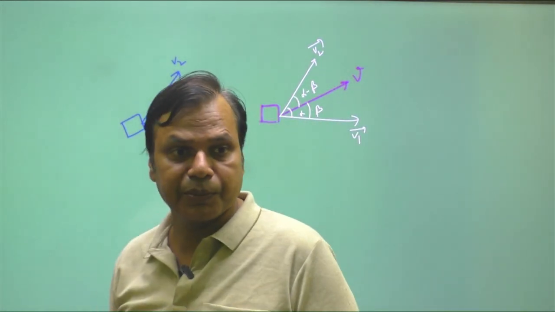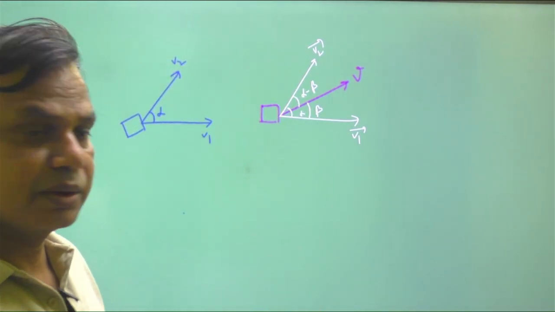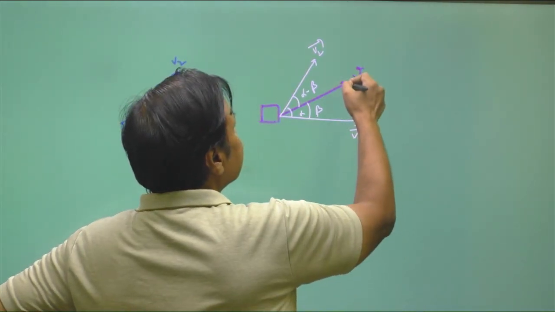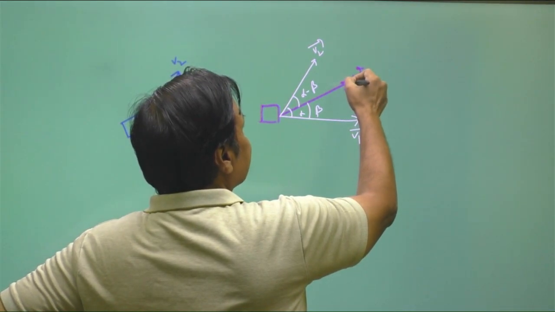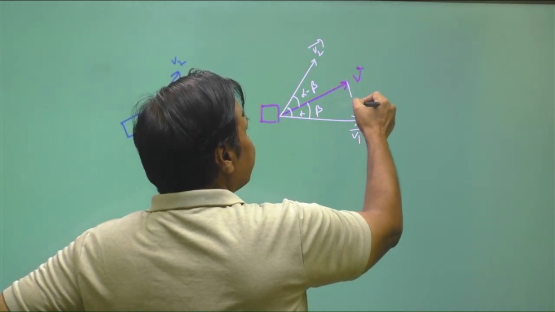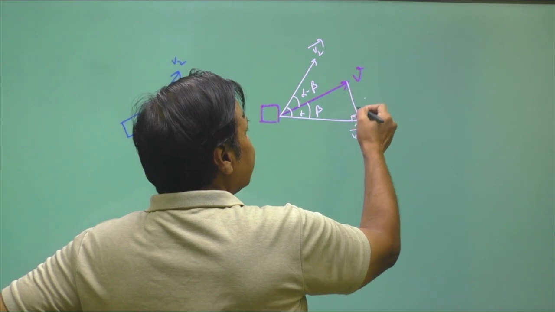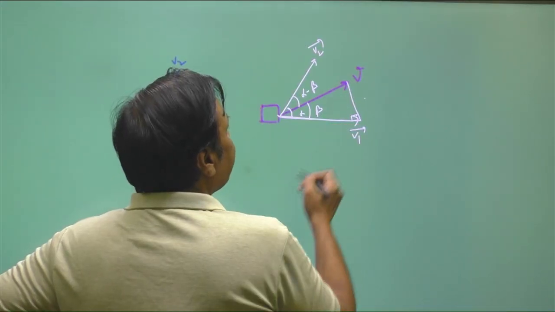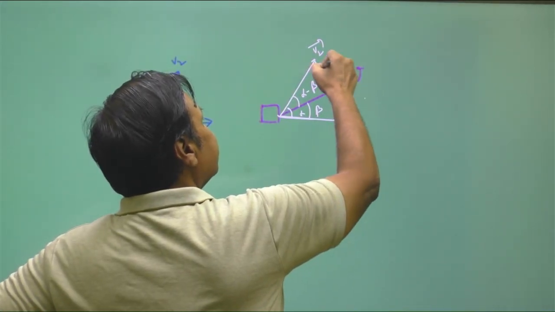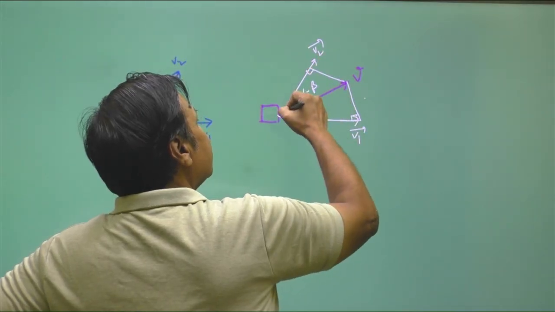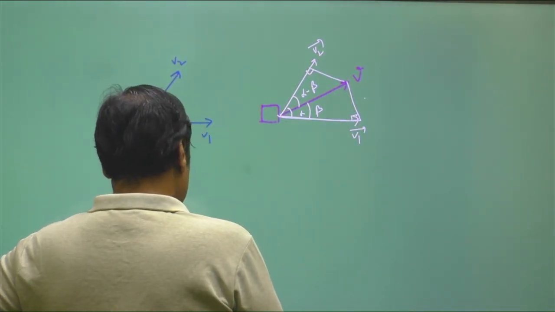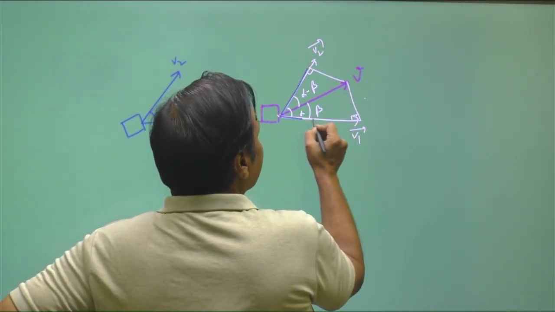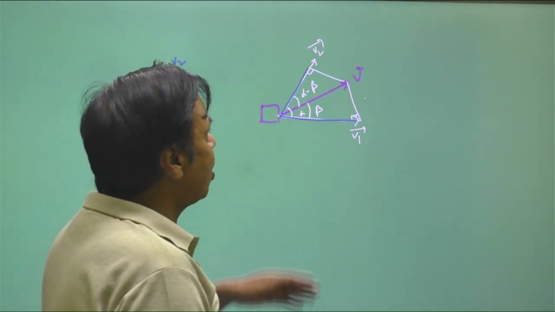If you can recognize this, the velocity components of v along this line v1 will be something like this. This will be the component, and in a similar manner, these are two components of velocity v along the v1 vector and v2 vector.